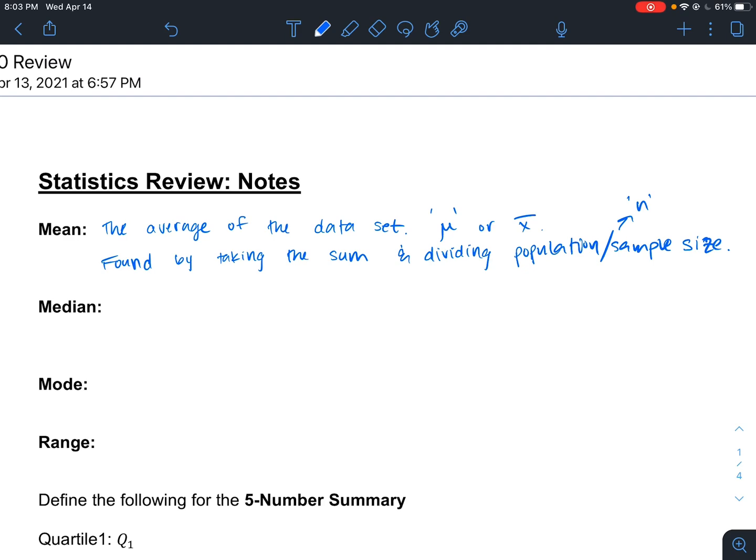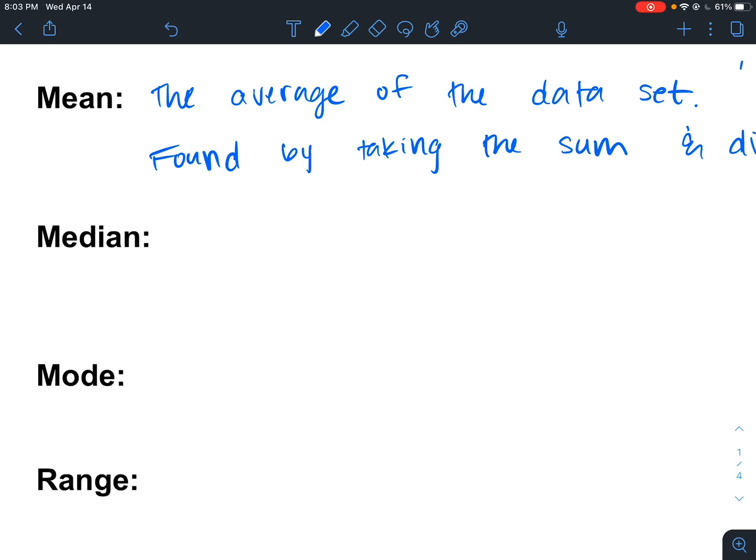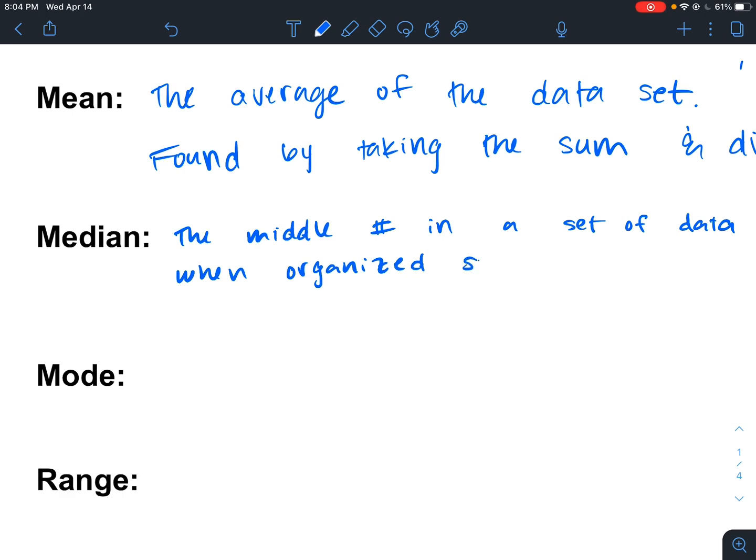Now let's talk about the median. The median is the middle number in a set of data when organized smallest to largest.